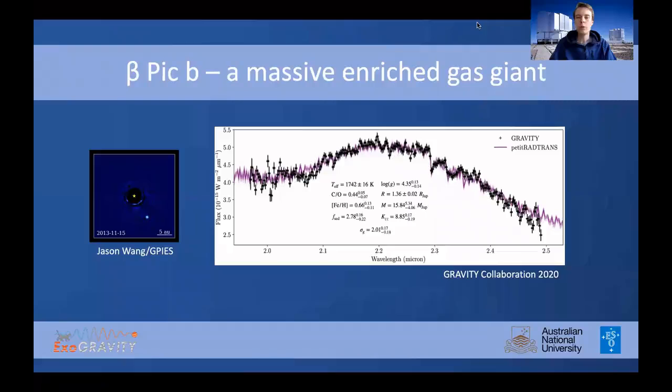With Paul Mollière's spectral retrieval code petitRADTRANS, the C/O abundance ratio of Beta Pictoris b could be constrained to about 0.44, which is very exciting since it enables us to infer the planet's formation history. If the C/O abundance ratio of the host star is assumed to be solar, which is about 0.55, a significant enrichment by planetesimals is required to lower the C/O abundance ratio of Beta Pictoris b to 0.44.